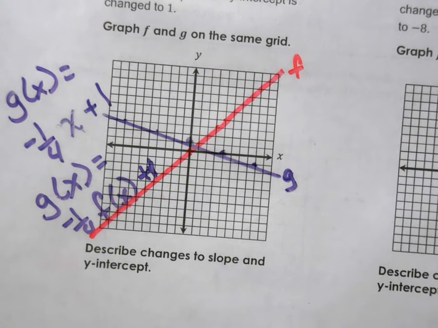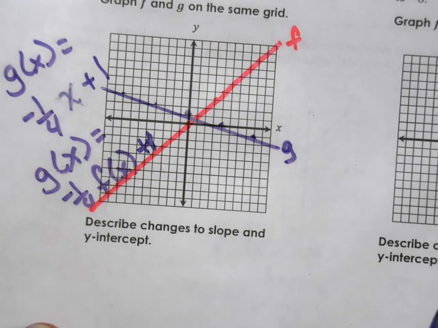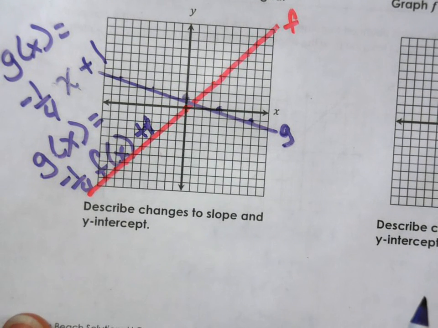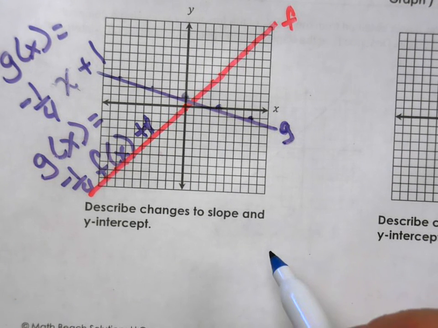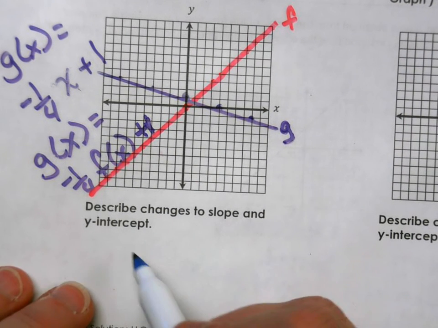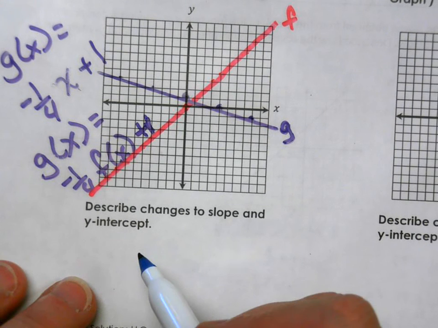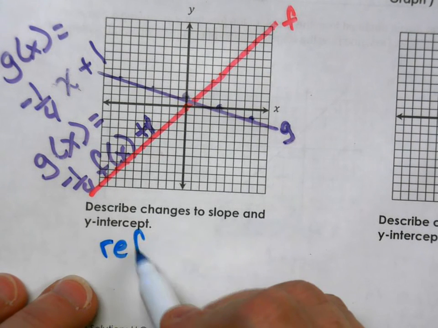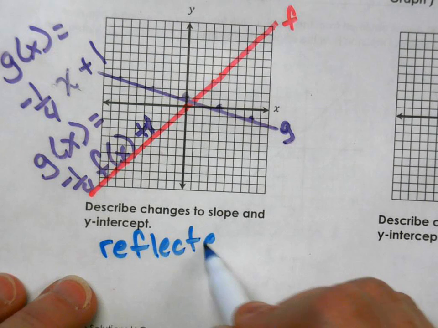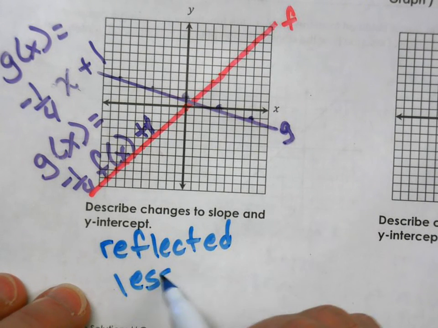So describe the changes that happened. By changing the slope to a negative 1/4, what changes did that make? What happened to the slope? It's less steep and it reflected.